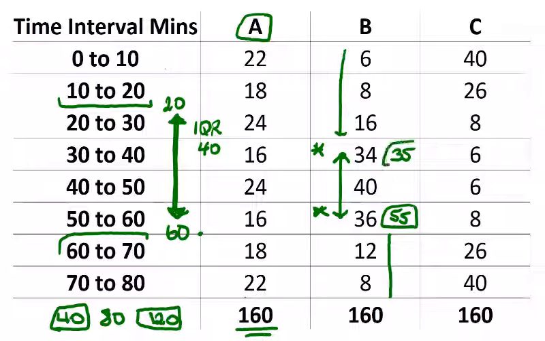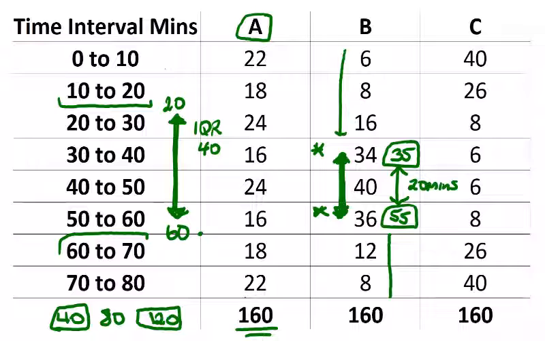It looks like the interquartile range here is much shorter. The interquartile range is 20 minutes for B when they're grouped in the middle. So the length of this line is much shorter when they're grouped in the middle.